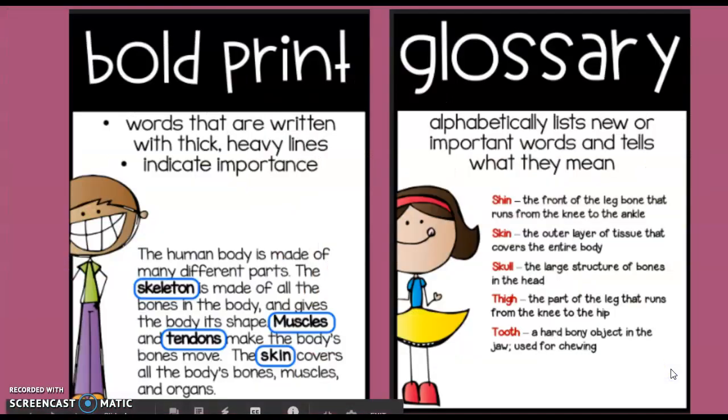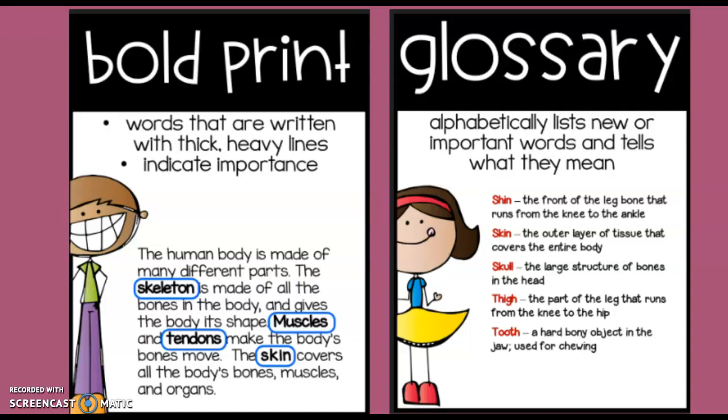All right, this is something I know Mrs. Cabral's class has talked about quite a bit, is bold words. When we see something that's in dark, bold letters, we know that that's an important vocabulary word. It's something we should pay attention to, and it's maybe a word that we should learn the meaning of.